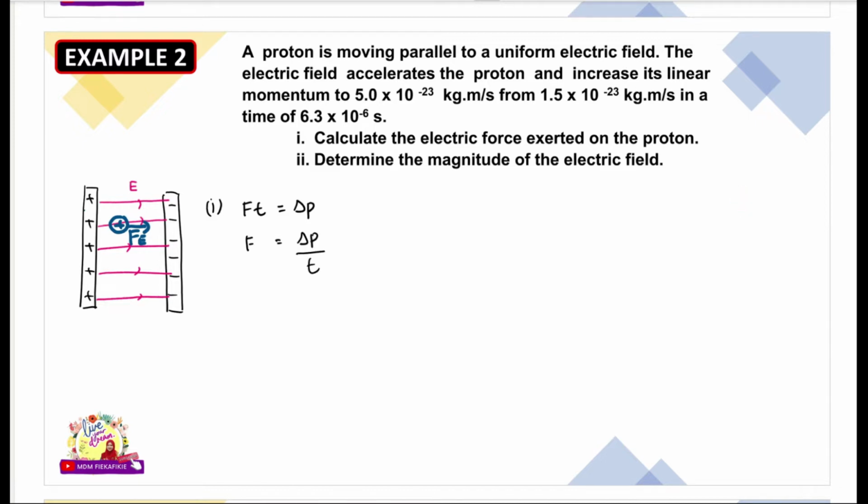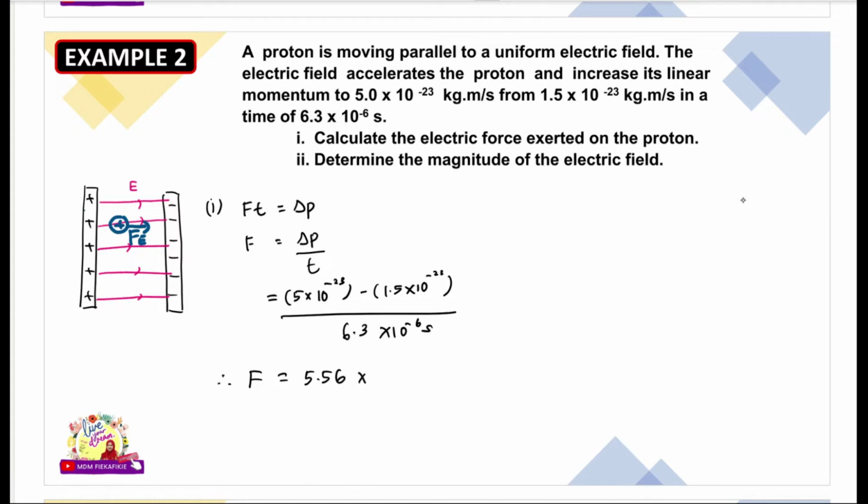Okay, so delta P final minus P initial, so the final P should be negative 23, alright, minus initial momentum 1.5, exponent negative 23, sorry, okay, over, so the time given is 6.3, exponent negative 6 seconds, alright, therefore, F you akan dapat 5.56 times 10 power of negative 18 Newton, okay.